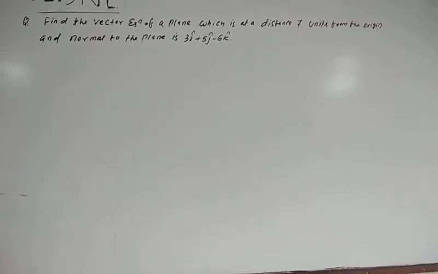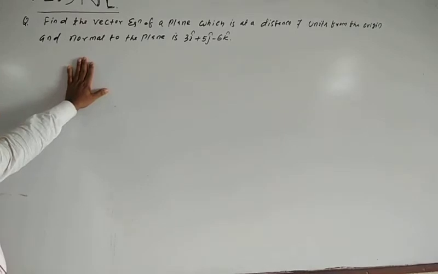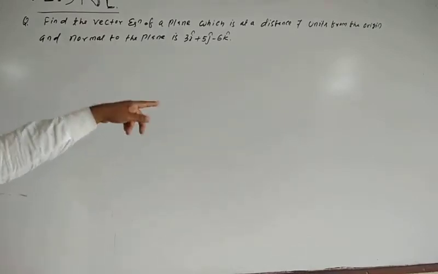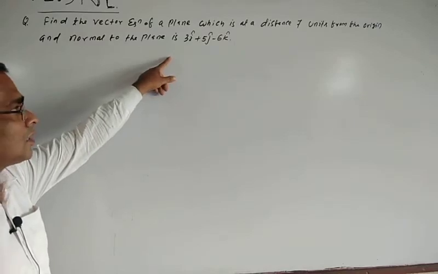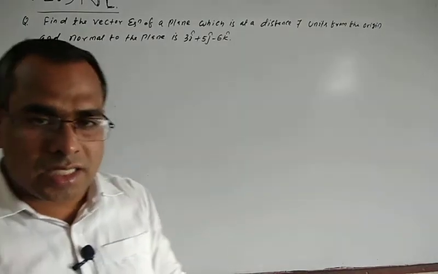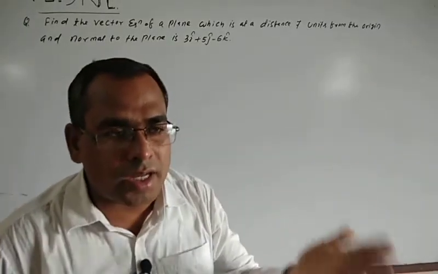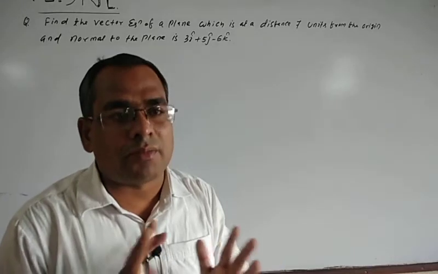So here, what is given? The perpendicular distance from the origin to the plane is 7 and the normal to the plane is 3i cap plus 5j cap minus 6k cap. Since the perpendicular distance from the origin to the plane is given, that's why we write the equation of the plane in normal form.